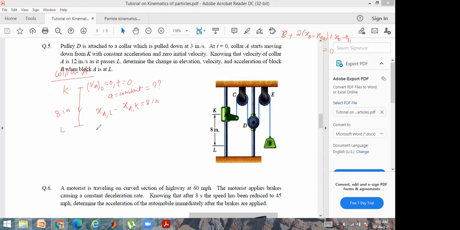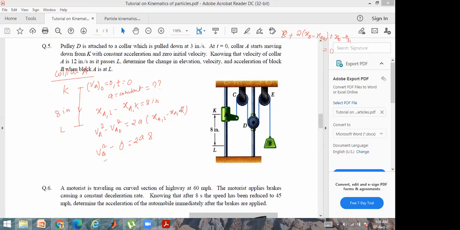I can write vA squared minus vA naught squared equals 2a(xAL minus xAK). vA naught is 0. This is 2a and this is 8 inches.